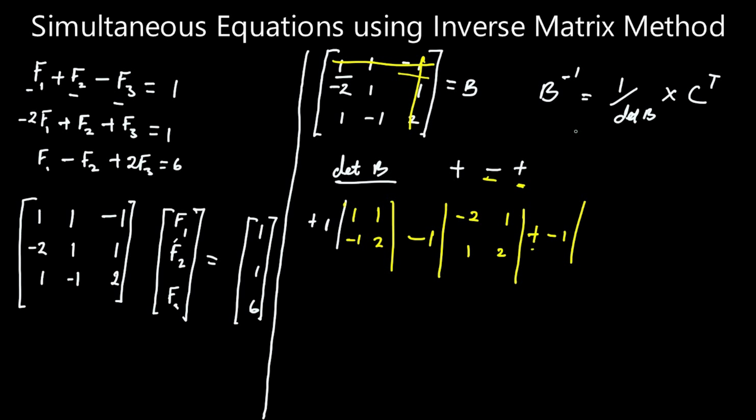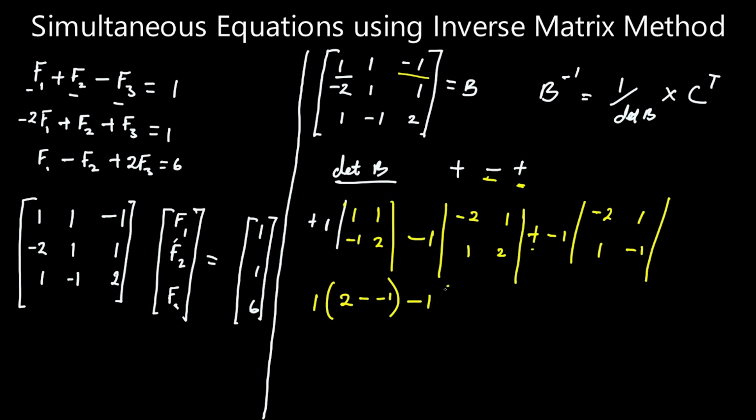We remain with minus 2, 1, 1, minus 1. We solve this. We have 1 into brackets, 1 times 1, which is 2, minus 1 times 1, which is minus 1. So minus minus 1.